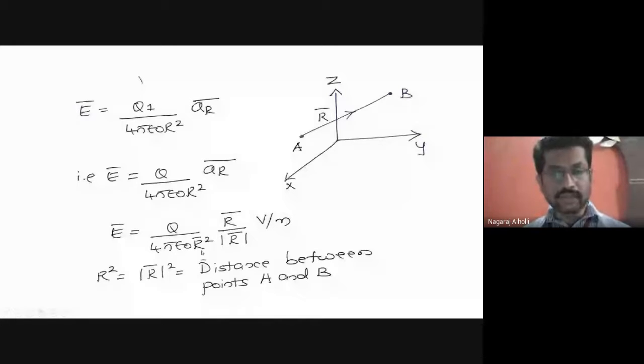This r square is the magnitude of the R vector squared, which is the distance between the points A and B. The distance vector from A to B is R bar. Clear here? Are you following here, students? Yes, sir. Okay, right.